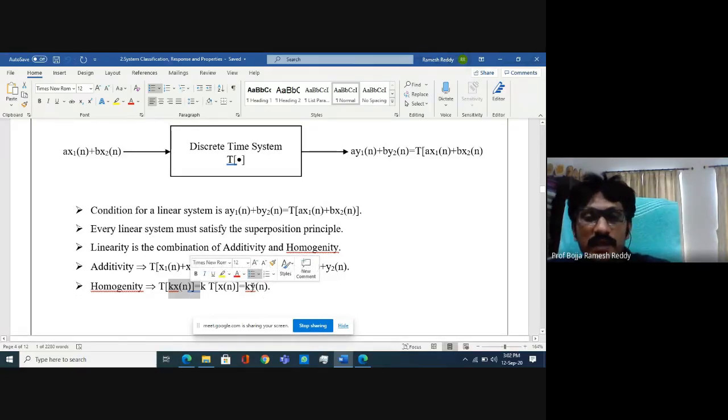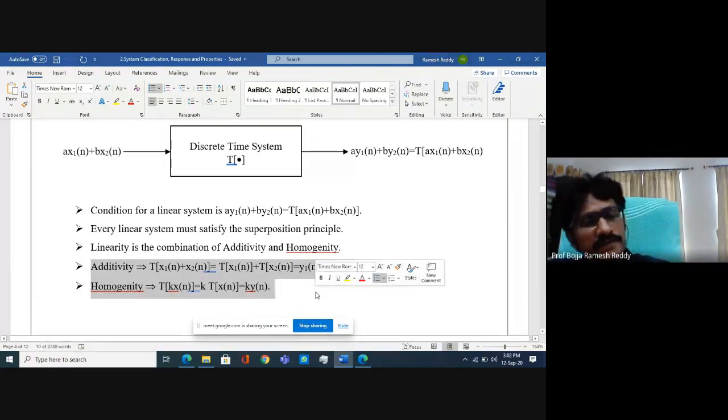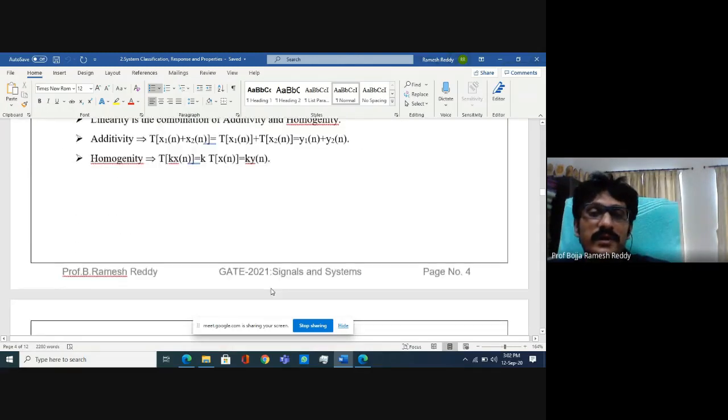If the output is k into y of n, then blindly you can say the system satisfies the homogeneity property. If any system satisfies additivity and homogeneity, such systems are called linear systems. Every linear system must satisfy the additive property as well as the homogeneity property. These are some important points that come under linearity.